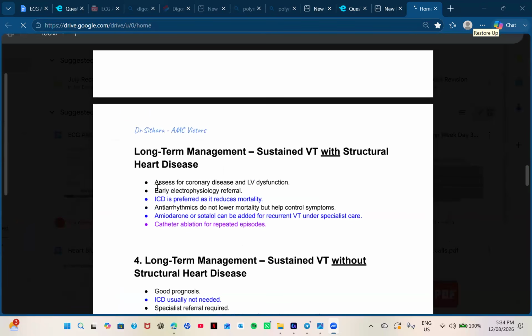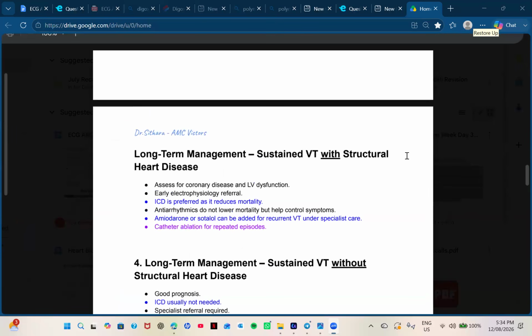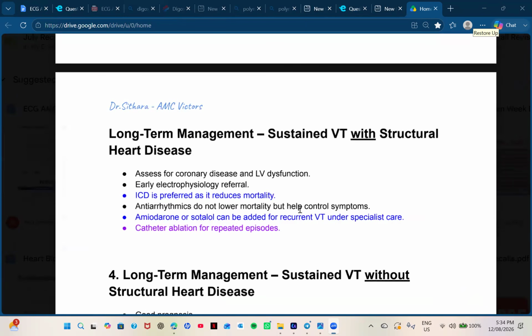Then you have the long-term management for sustained VT with structural heart disease. In that case, you have to assess for coronary disease and LV dysfunction. Early electrophysiological referral, ICD is preferred as it reduces mortality, right? That is for structural problems, long-term management.